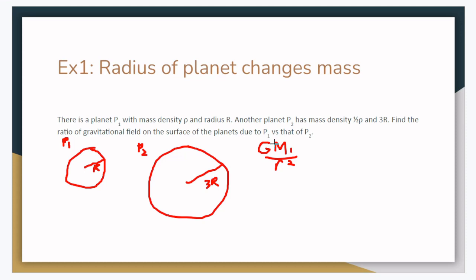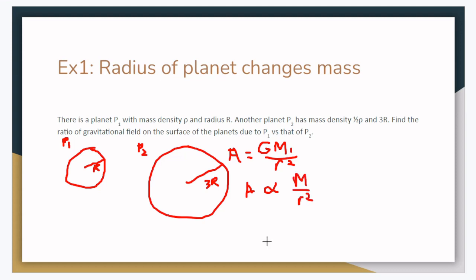these proportionalities. For example, if the gravitational field, let's just say this is A, is equal to G m1 over r squared, then A is proportional to m over r squared.